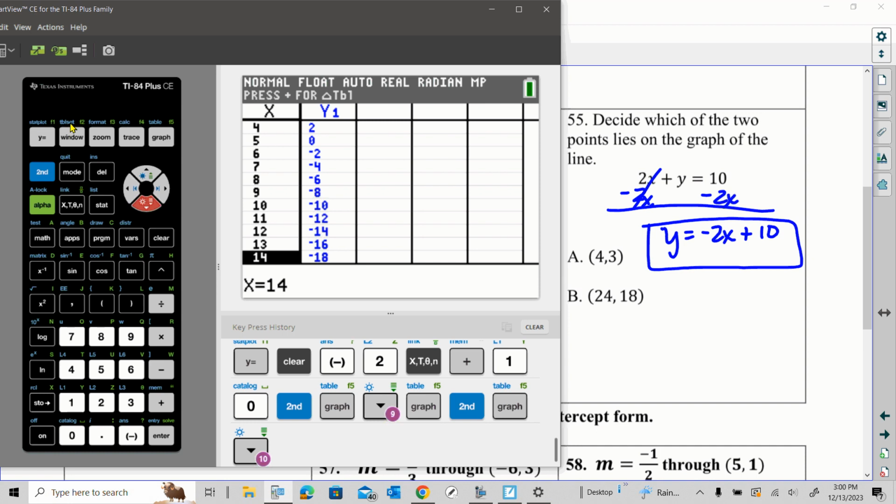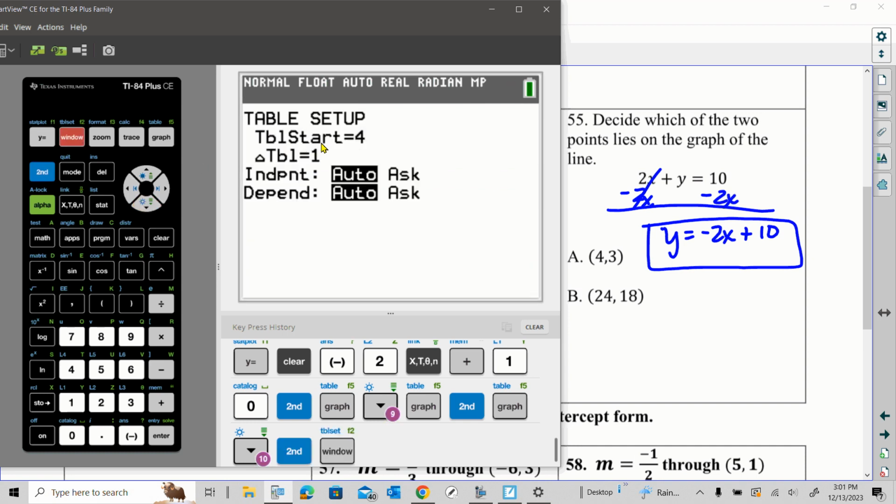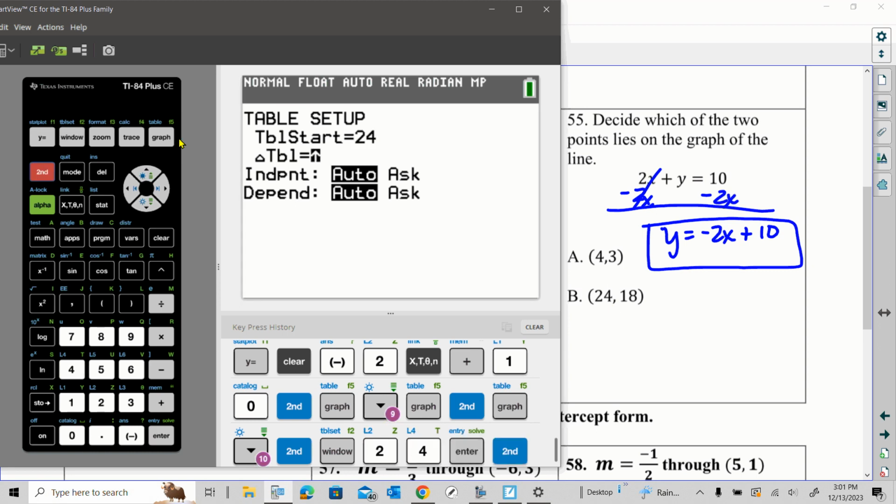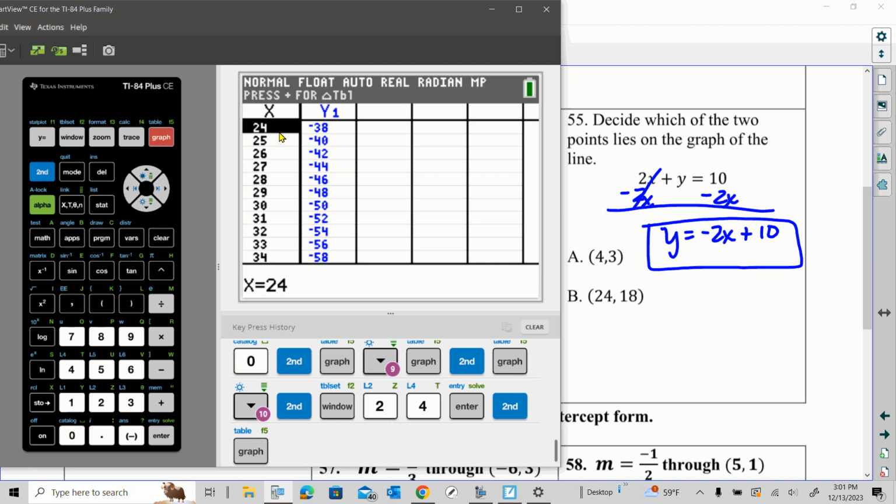Up here at the top, this is TBL SET, table set, meaning set where you want to start. So if we hit second window, you're going to see this screen. It says table start. Right now my table's starting at 4. Well, I want to check what would happen if I started at 24. So I'm just going to type in 24, hit enter, and then hit second graph to go to the table. And now it's at 24.